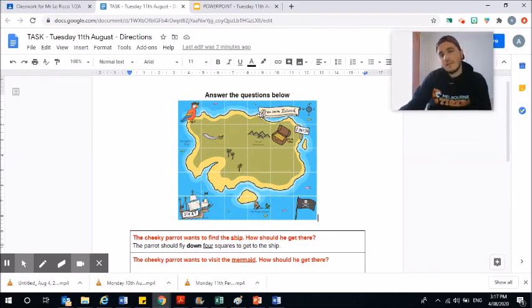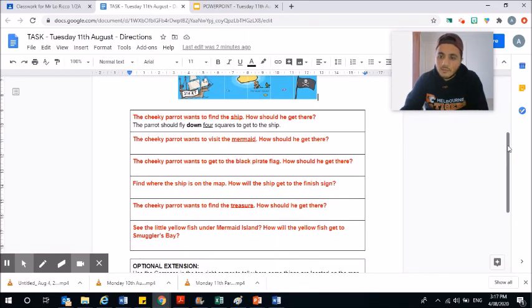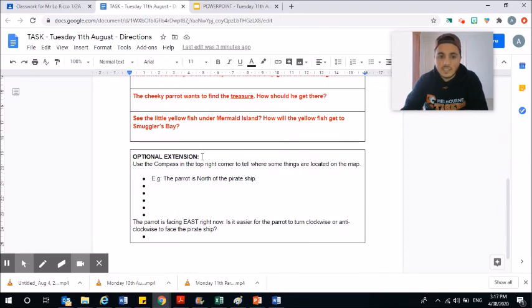Then it will turn right, and then go straight 1, 2, 3, 4 squares. Or maybe you might use the words left and right. You might say the parrot will go right 3 squares, and then down 4 squares to get to the mermaid. There are different words that you can use, but we need to be nice and specific so the parrot knows where to go. If you would like to challenge yourself, after there's an optional extension.